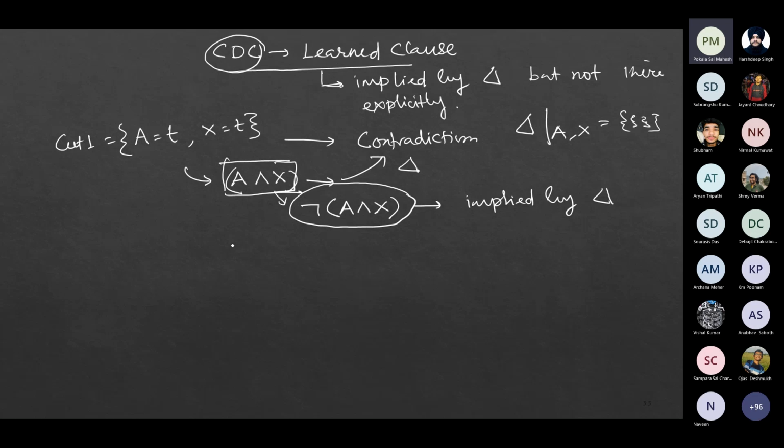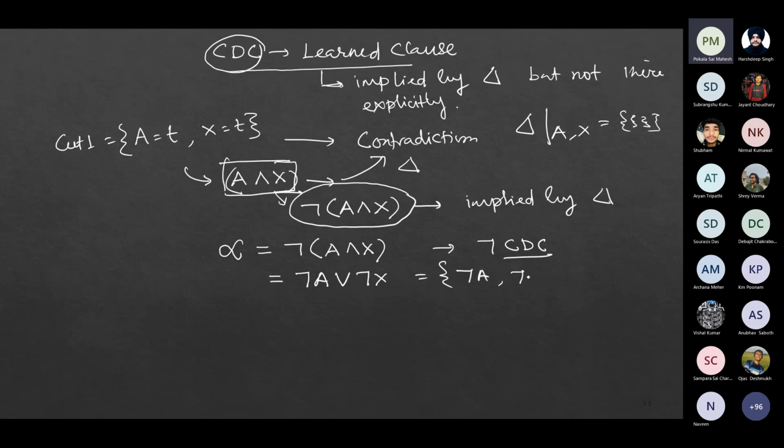So that gives us the notion of these learned clauses, which is our alpha, and alpha is basically a negation of our CDC. And if we set this, what we will be getting is not of A or not of X, in the clausal form.